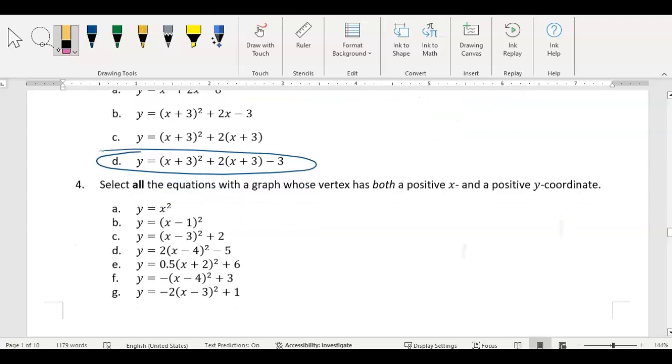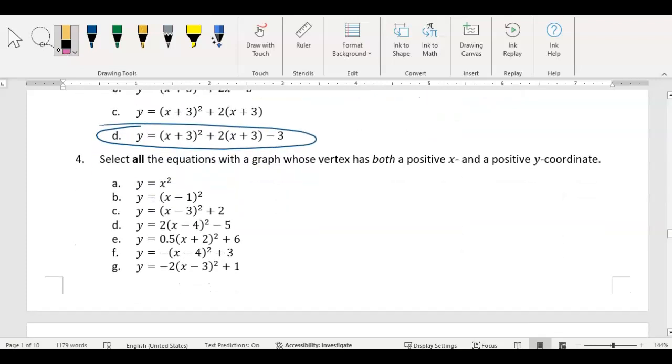All right, it says select all the equations with a graph whose vertex has both a positive x and a positive y coordinate. Our vertex here would be 0, 0, so not that one. This would be 1, 0. Technically 0 isn't positive, so we're going to say no to that one. This would be 3, 2.